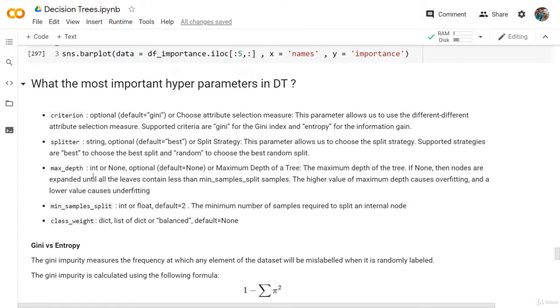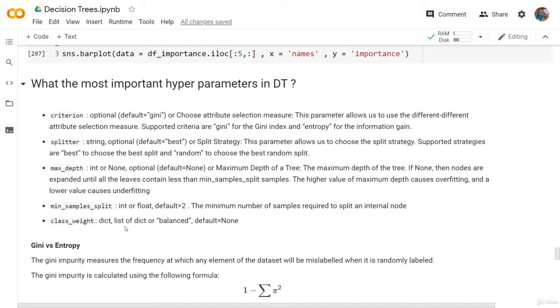And then we have a very important hyperparameter called class weight. This is a dictionary, a list of dictionaries, or balanced. If we choose balanced, then we want sklearn to check the data for us, see how the labels are distributed, and give a weight for each class based on how well it's represented.